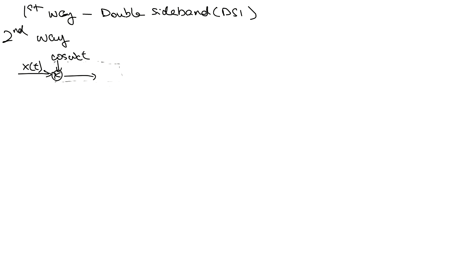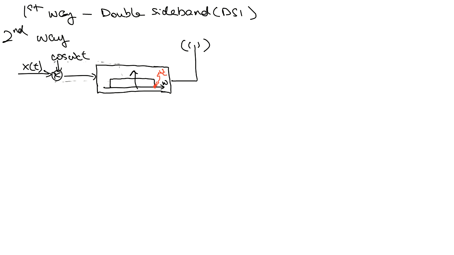As a transmitter, what we'll do is, after multiplying by the carrier, I will pass it through a low pass filter. And I will explain why later on.